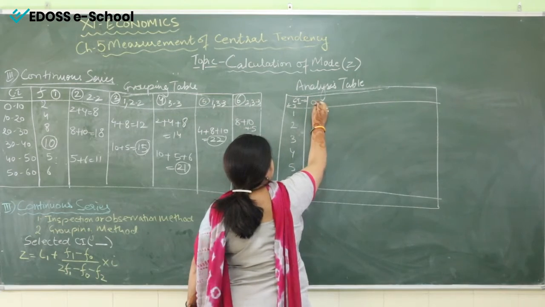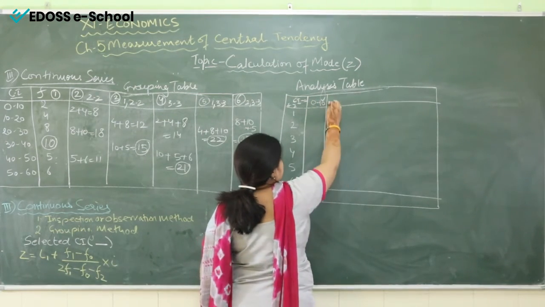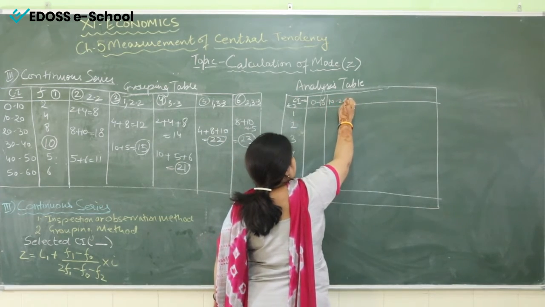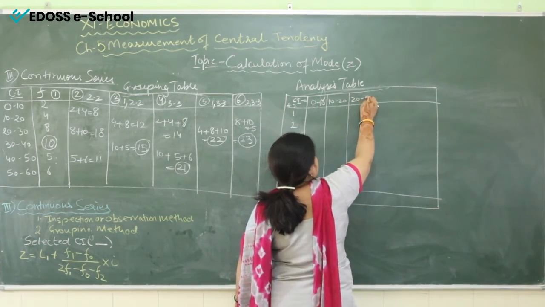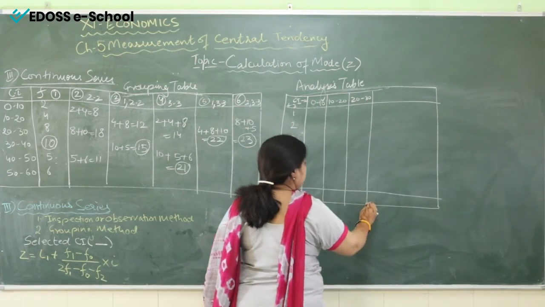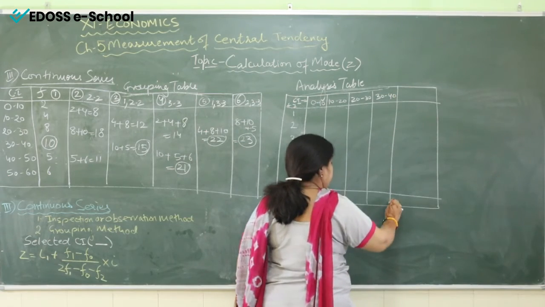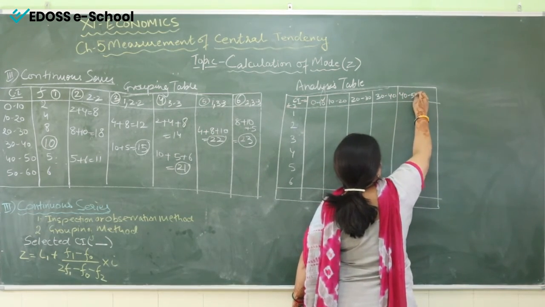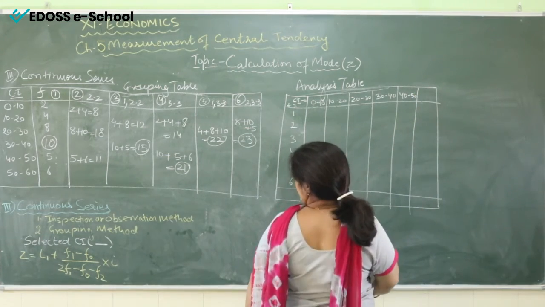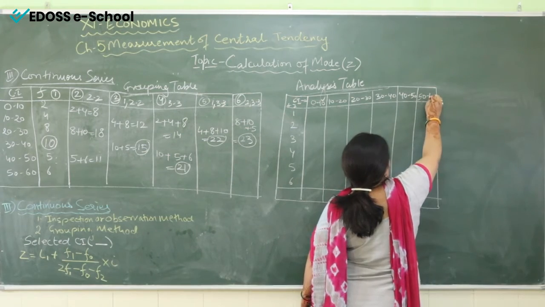Class interval is 0 to 10, 10 to 20, 20 to 30, 30 to 40, 40 to 50, and 50 to 60.